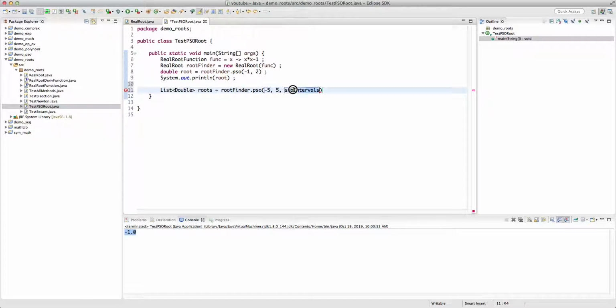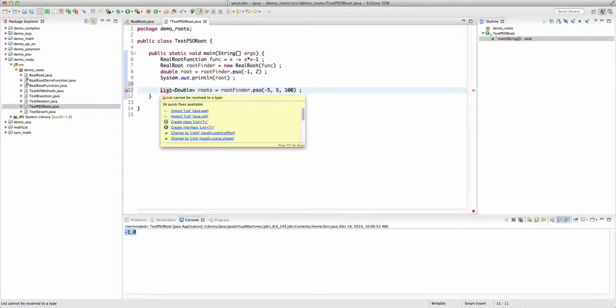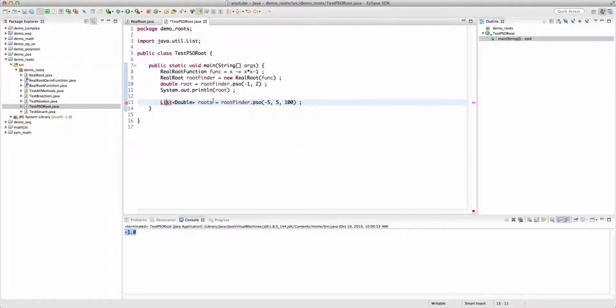And we're going to search for 100 intervals, which is a bit overkill, but let's do it. And let's import the list from the Java util, and we're going to sys out the roots. So this should return -1 and 1.